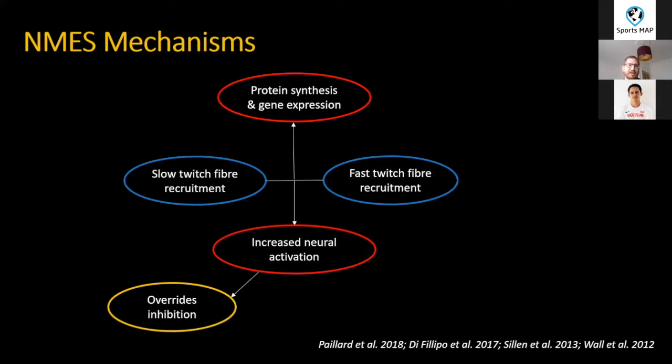Briefly, it has a unique recruitment pattern of motor units compared to voluntary exercise, where it will recruit both slow twitch and fast twitch fibers, even at very low force levels. Like I said, this is different to voluntary exercise that follows Henneman's size principle. But with electrical stim, we can get both slow twitch and fast twitch fibers pretty much instantaneously.